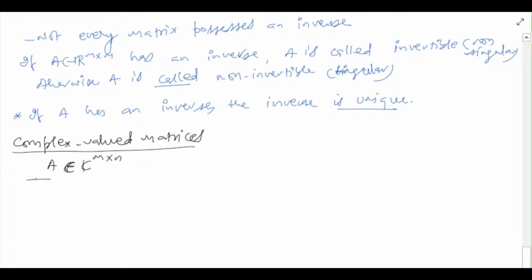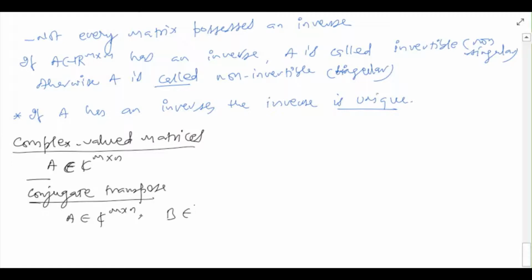Analogous to the notion of transpose, in case of complex valued matrices, we have notion of conjugate transpose. So A is an m cross n complex valued matrix.